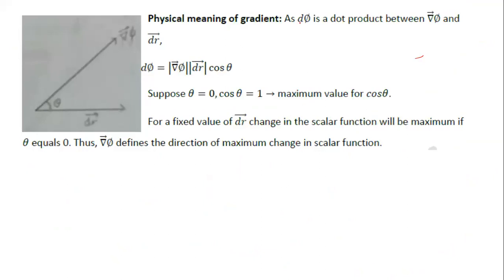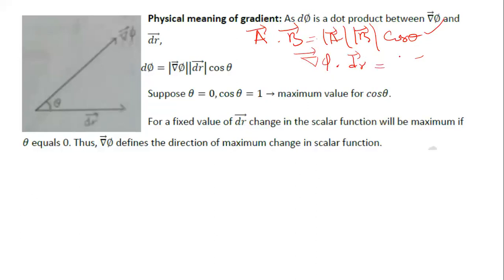Any change in phi is a dot product between grad phi and dr. If you take a dot product like A dot B, it is actually the magnitude of A, magnitude of B, and cos theta, where theta is the angle between the A and B vectors. Similarly, the dot product of grad phi with dr vector is the magnitude of grad phi, magnitude of dr vector, cos theta.